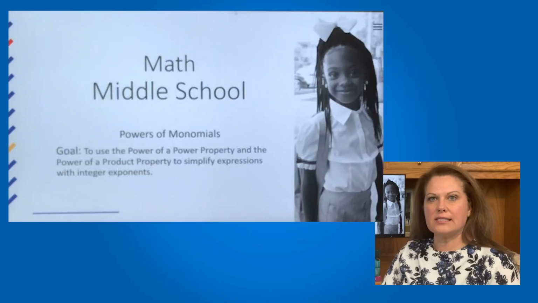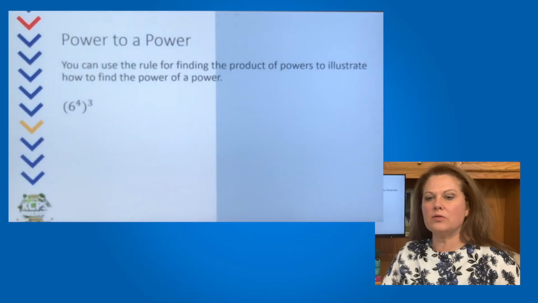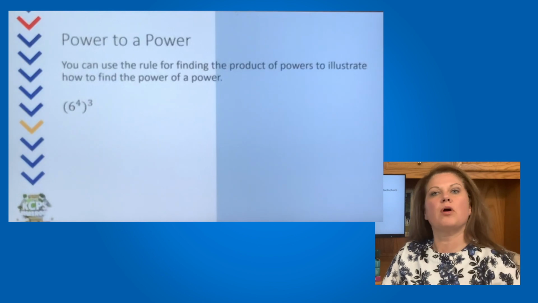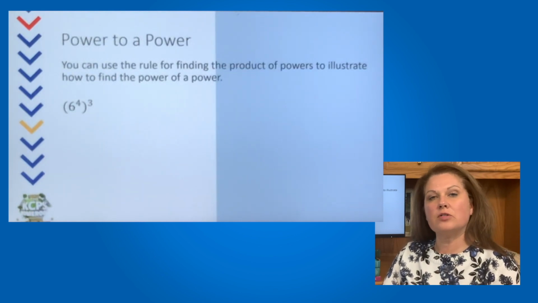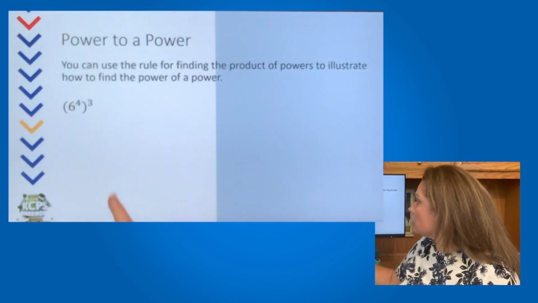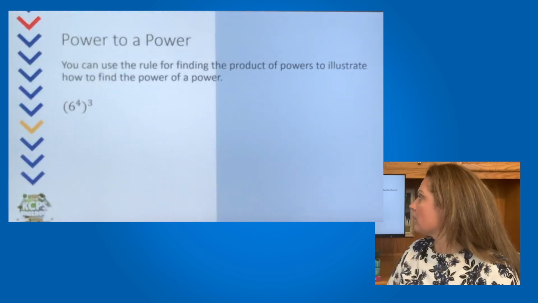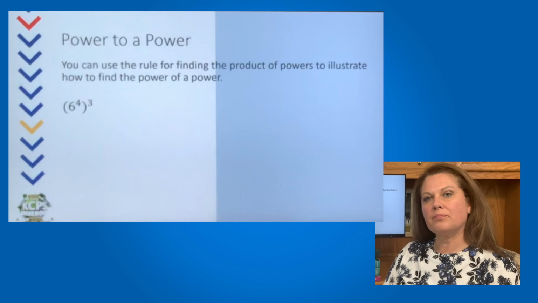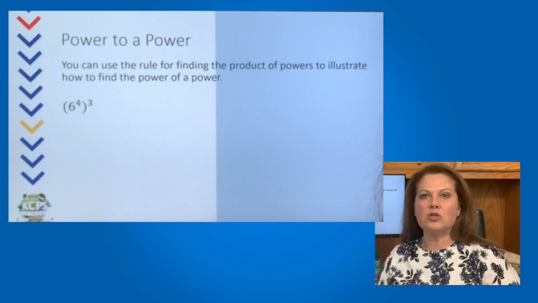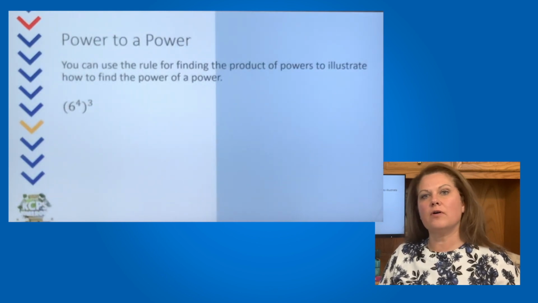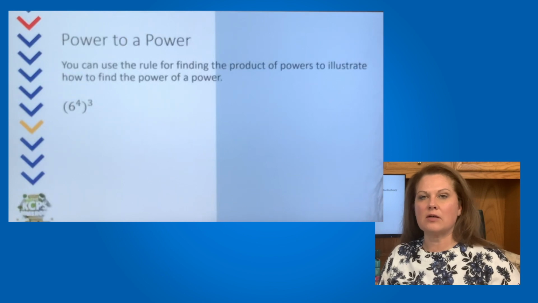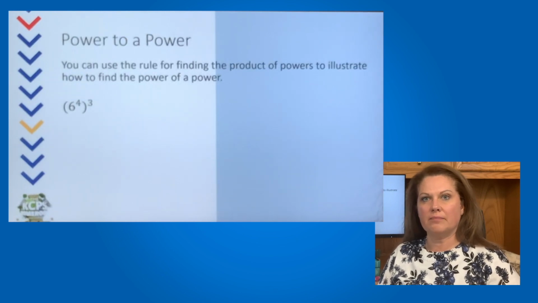In our first example, we're going to use our product of powers property to illustrate how to find powers of a power. Now in our first example, (6^4)^3, you'll notice we have two exponents. I want you to focus on the exponent that is outside the parentheses, the 3.